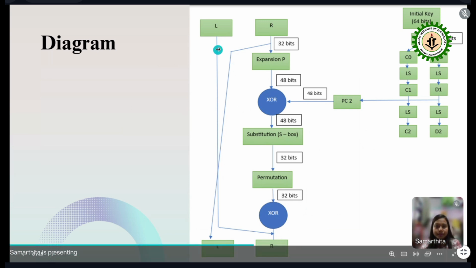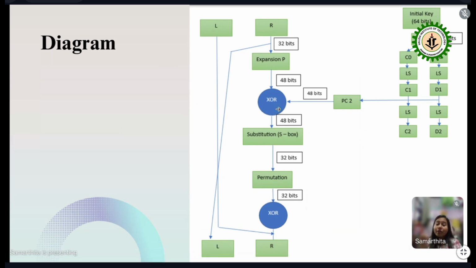So this is our internal mechanism, and this happens in a single round, round 1. Then again from round 2 to round 16, meaning this mechanism happens 16 times. This is how DES works.